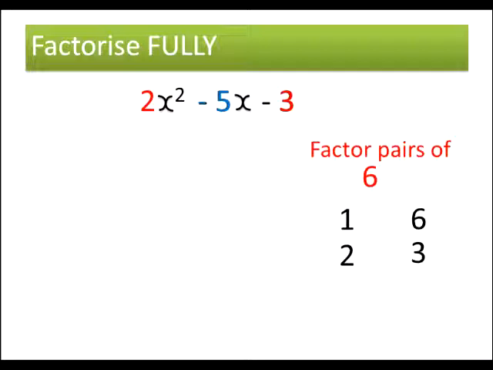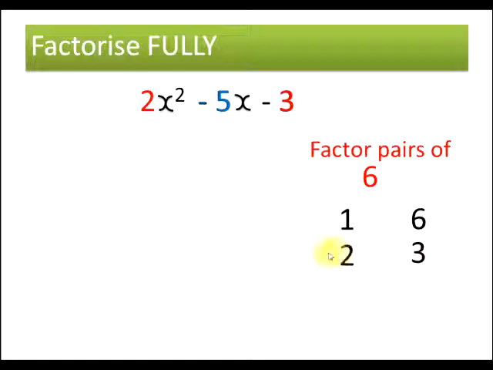Now, the best way of thinking about this is you're going to have to multiply. Well, let's put it this way. To make the minus 5, I can either do 1 take away 6, or I can do minus 2 minus 3. But I know I'm going to multiply whatever numbers I choose to make a negative answer.